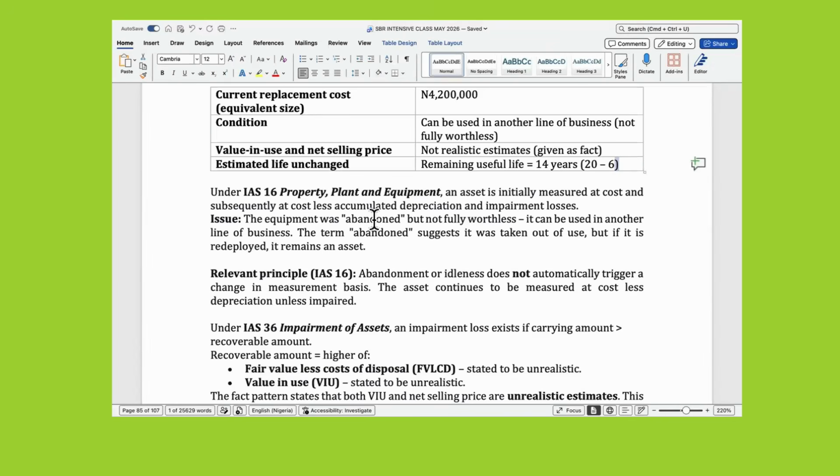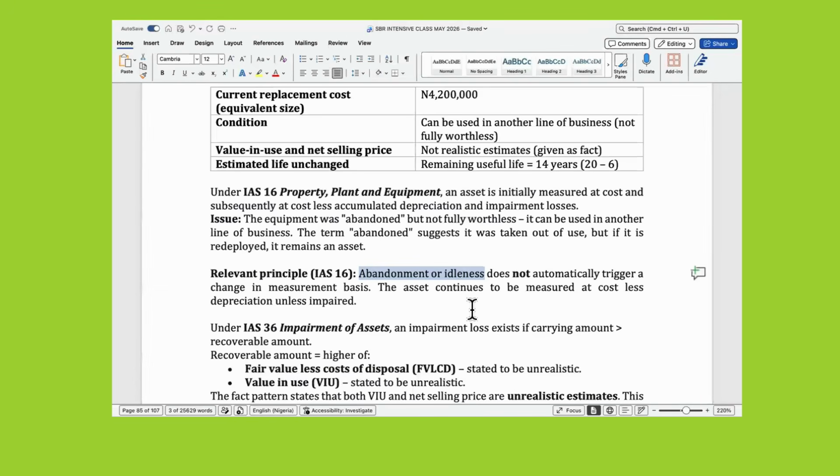So when an asset is abandoned or idle, it does not automatically mean you should change the measurement basis. Which means that the entity should continue to depreciate the asset, even though it is abandoned, unless it is impaired.